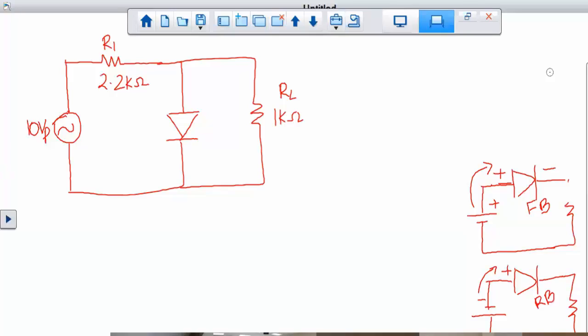All right, so where do we start? If you see a clipper, where do you even start? Which part of the page? First, you need to realize definitely whether the diode is forward or reverse bias.